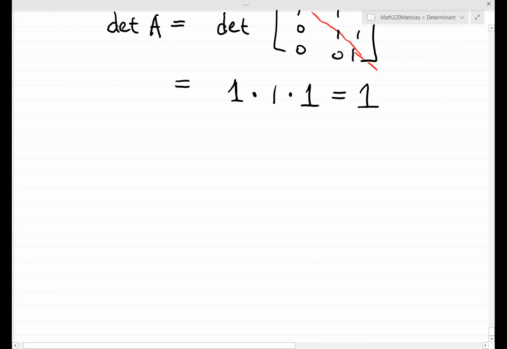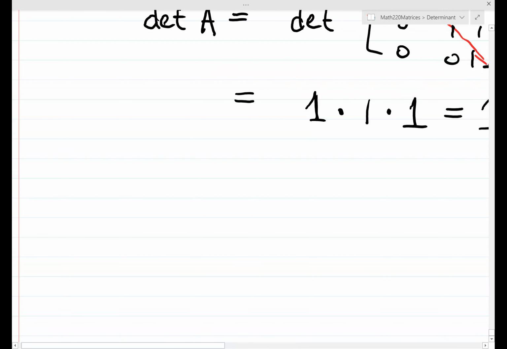Okay, now we consider this matrix. This is a special matrix, this example: the Vandermonde determinant.